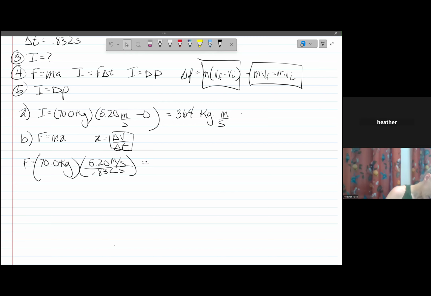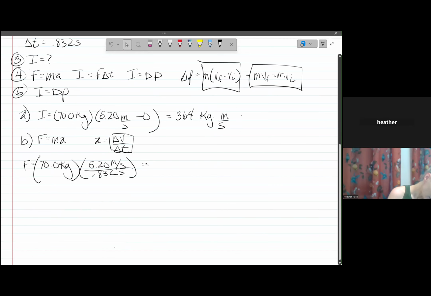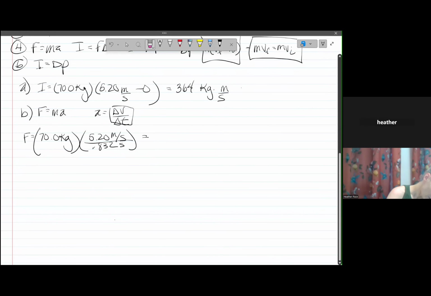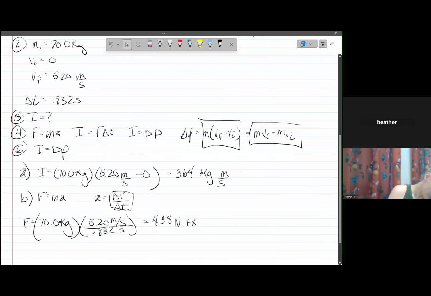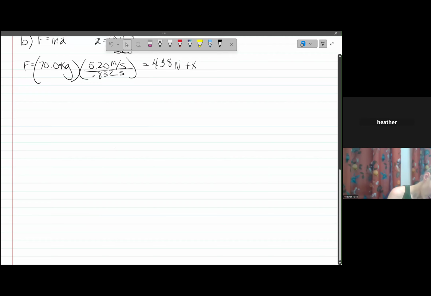And we end up with 438 newtons. And directionally, we're going to say in the positive x direction, which, of course, in our picture we should have started this way. We'll call that x, and this is forward. So it will be in the positive x direction.